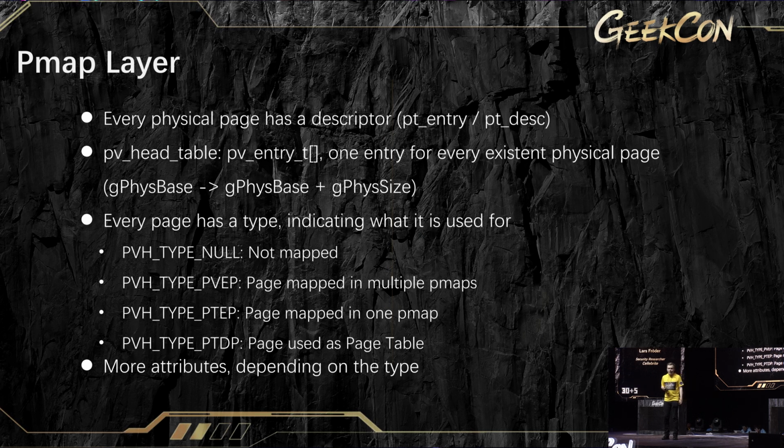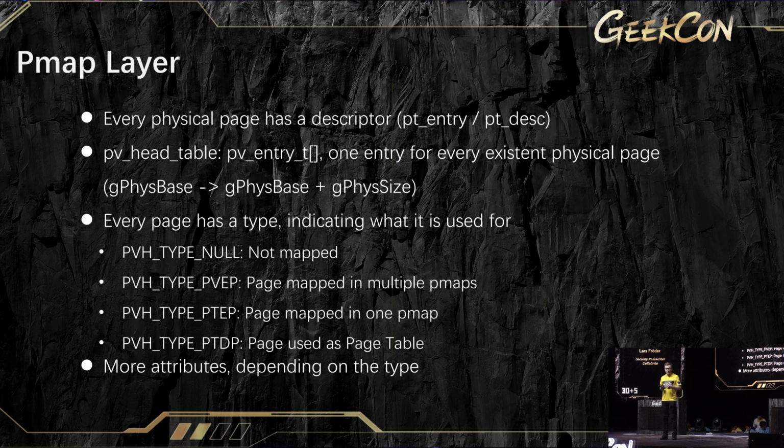One thing that's important is that every single physical page that the kernel resides on has a descriptor. There's a global array which contains a descriptor for every single page, and in there it is tracked what kind of thing this page is used for. One that is important to us is the last one, the PMAP type PD, which indicates that the page is used as a page table.